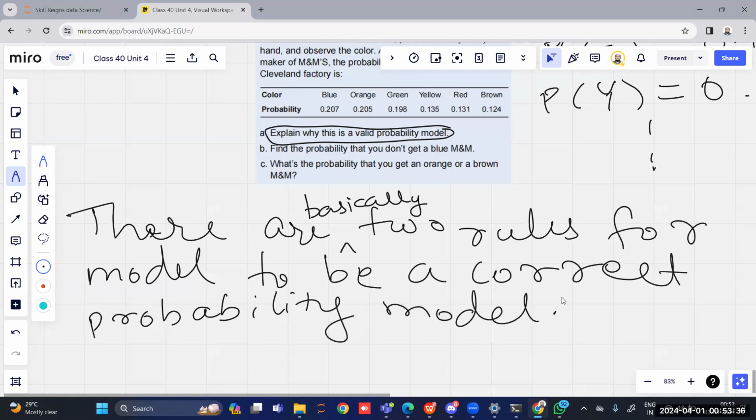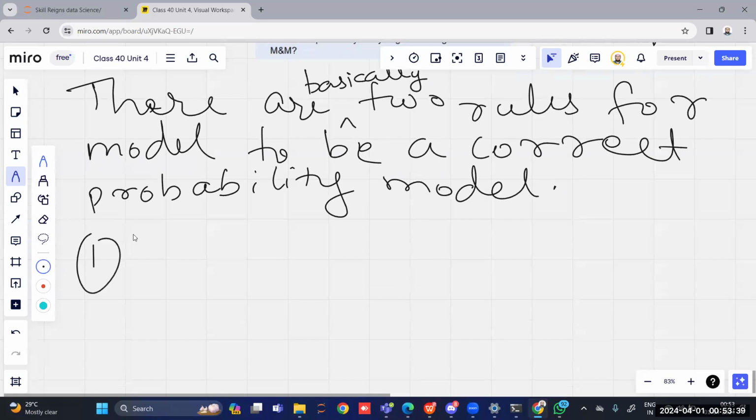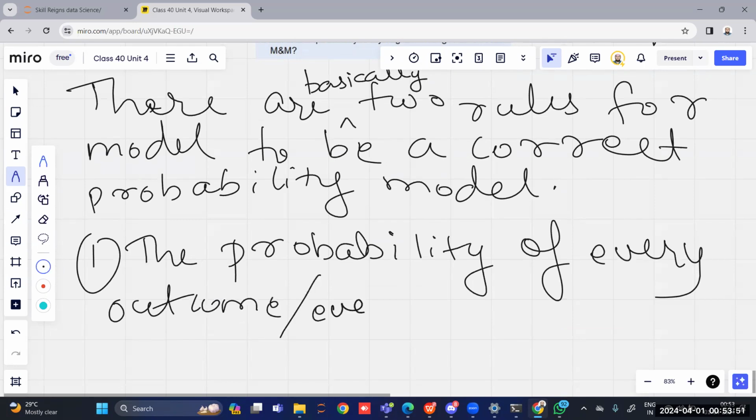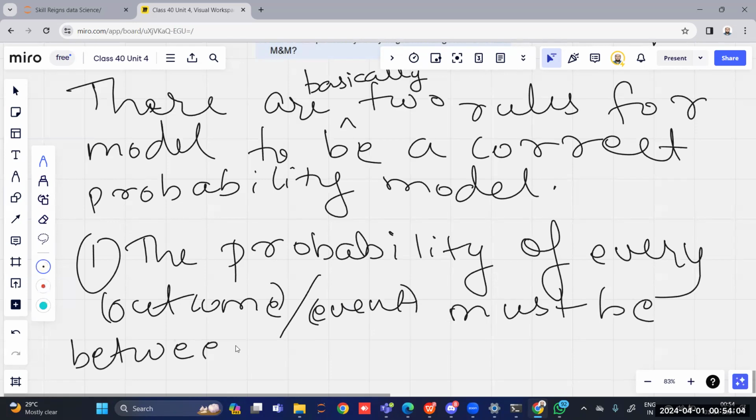What are the two rules, by the way? First, the probability of every outcome, you can say in the sample space, or you can say event, outcome or event, you can use any word, must be between 0 and 1. What does this mean?